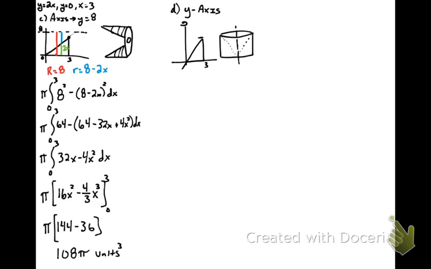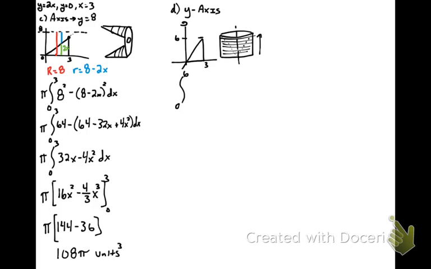So one thing that's true is that our circles are vertical in nature. So since our circles are vertical, then we need to integrate everything in terms of y. So we will not be integrating from 0 to 3. Instead, since these two curves intersect at the point 3, 6, we will be integrating from 0 to 6. And everything will need to be in terms of y.